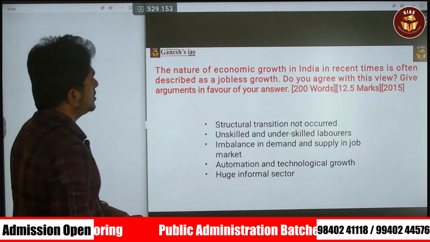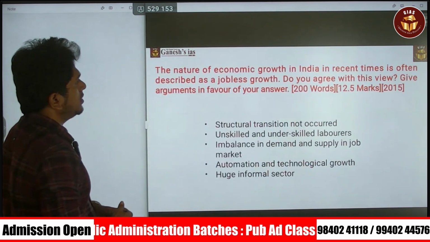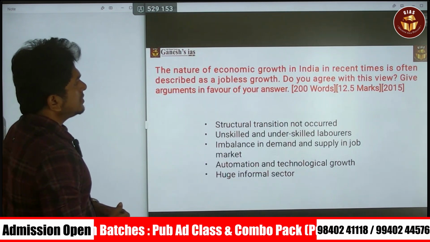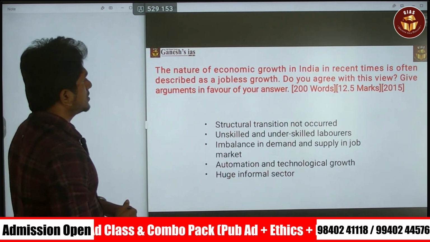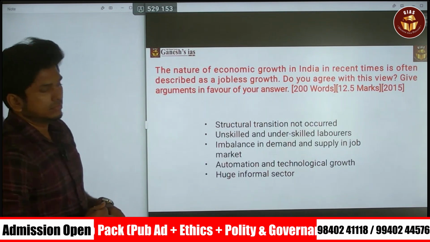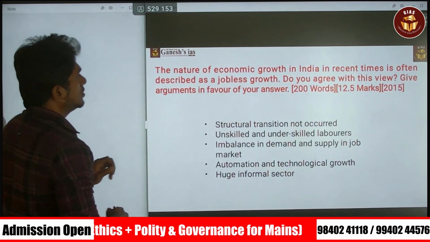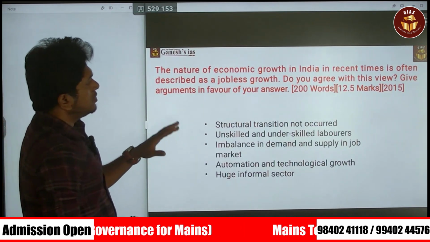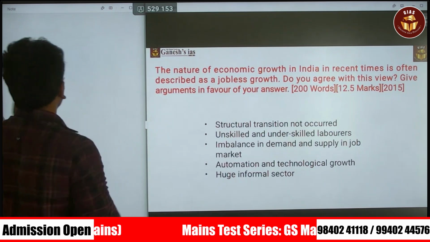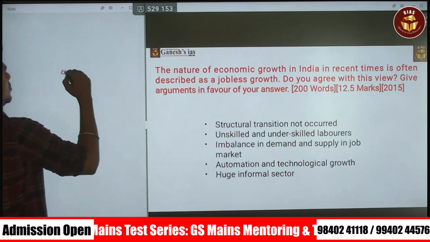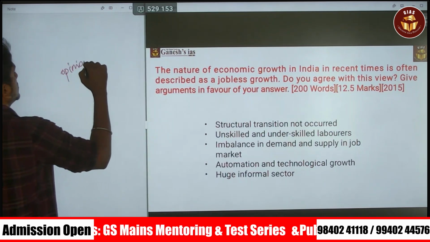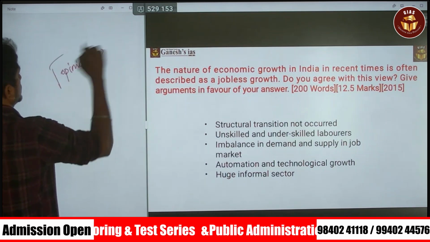The question is: the nature of economic growth in India in recent time is often described as a jobless growth. Do you agree with this view? So it is an opinion type question.